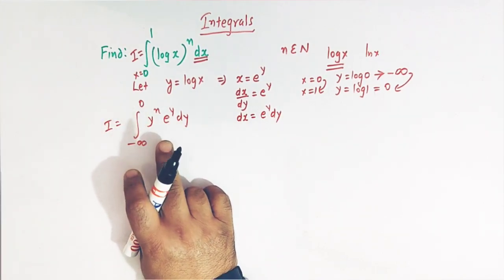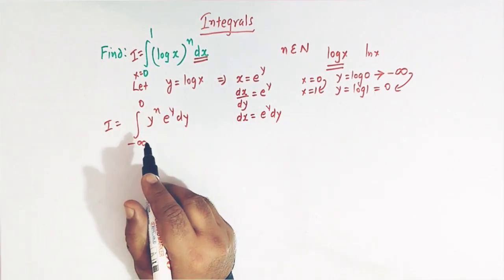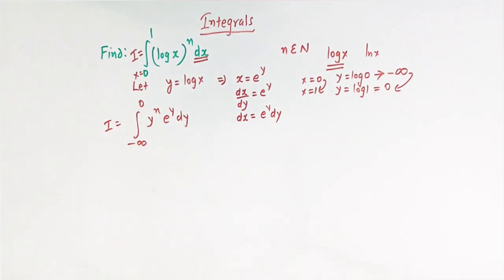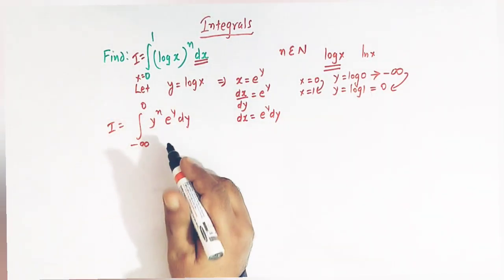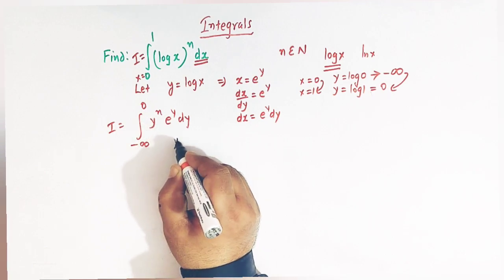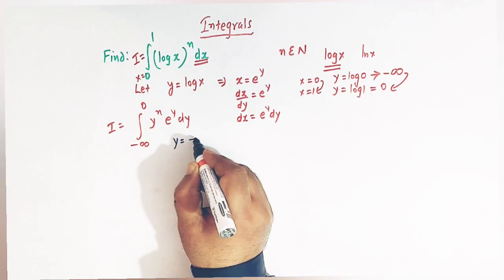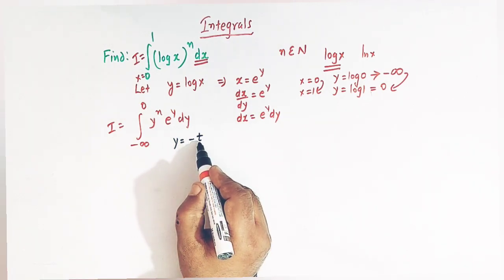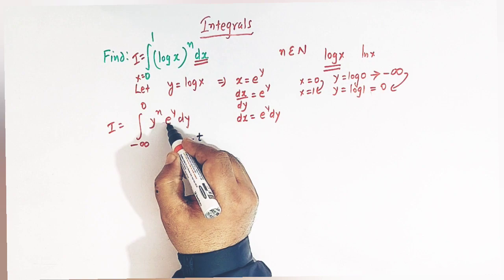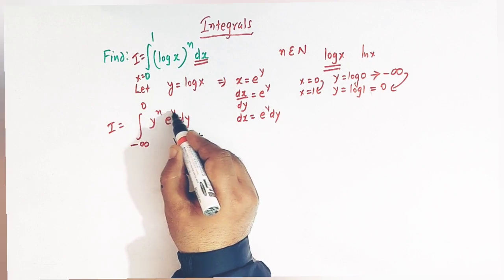Now to move further, we will again make use of the method of substitution. Let us further substitute y is equal to minus t, so here we have e raised to minus t.